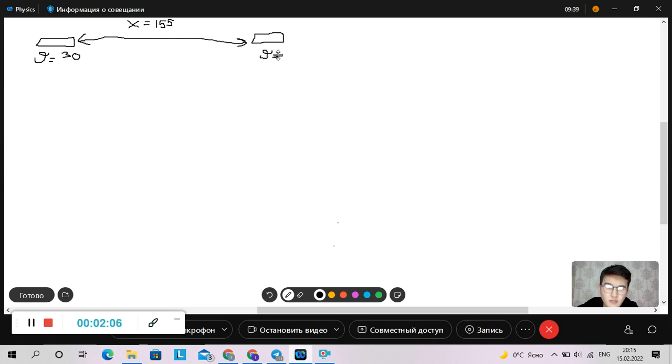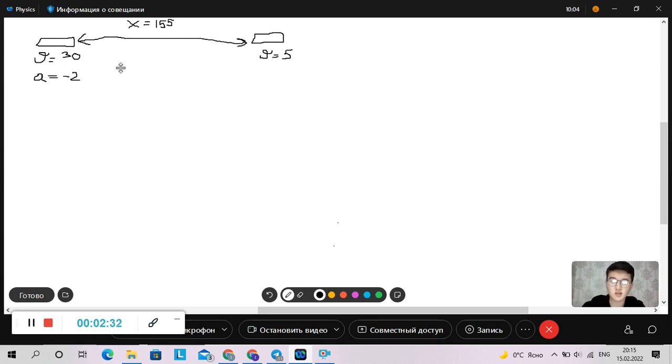The van's velocity is also 5 meters per second, and Sue can decelerate at 2 meters per second squared, so a is -2.